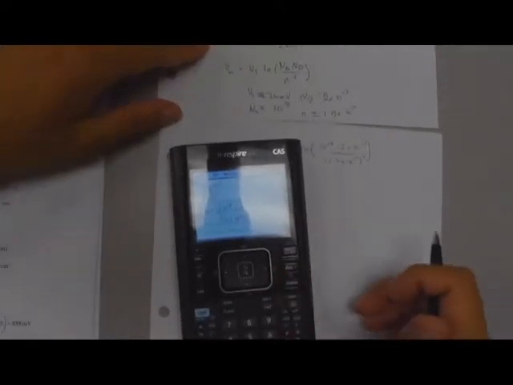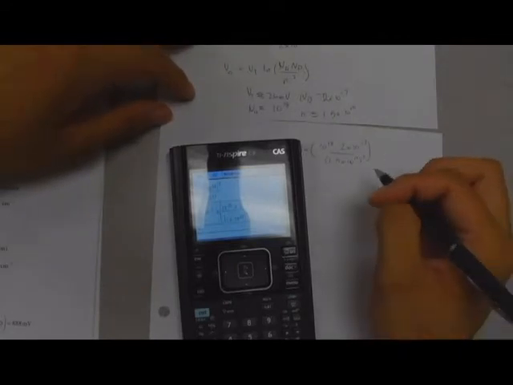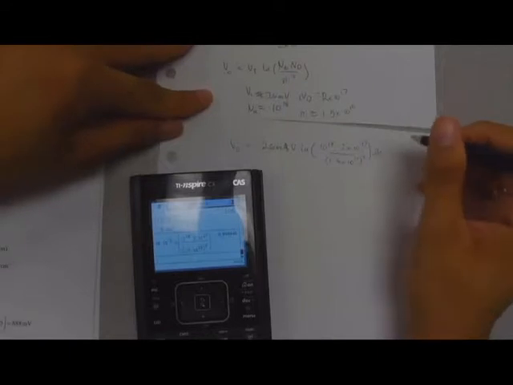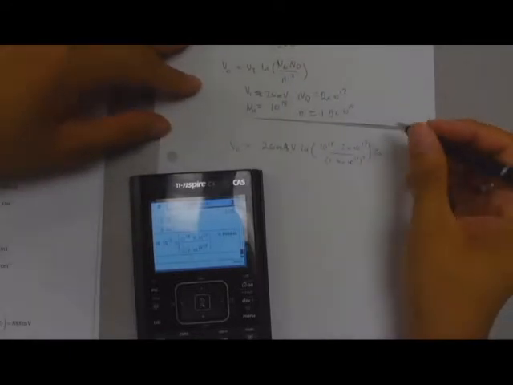And taking a look at the result, make sure that that makes sense. So that gives us an approximate built-in voltage of 0.894 volts.